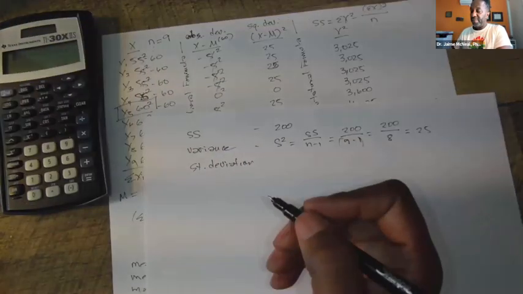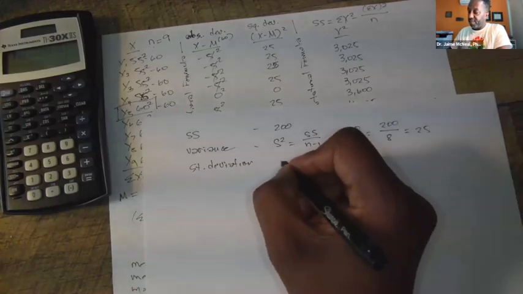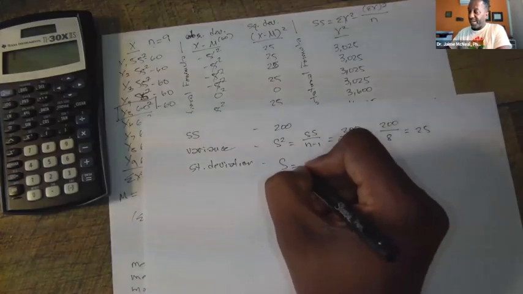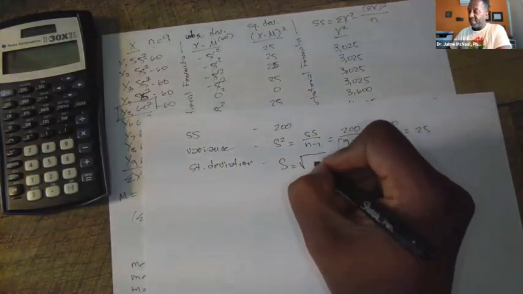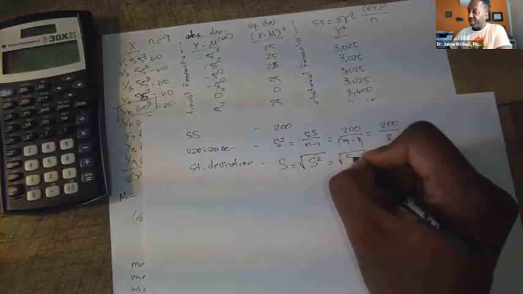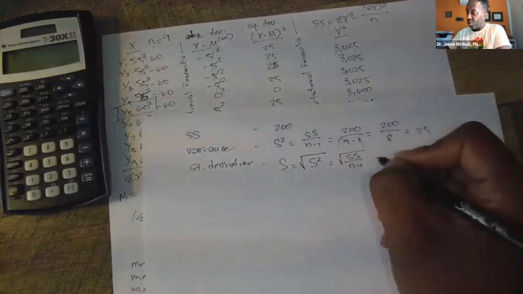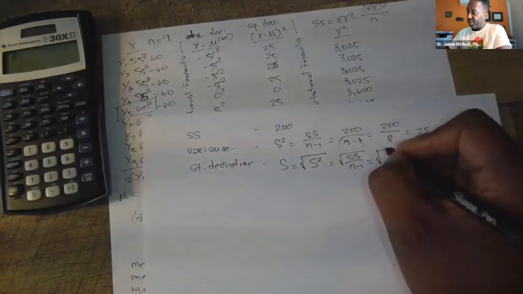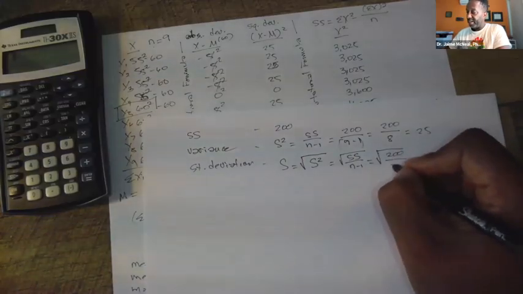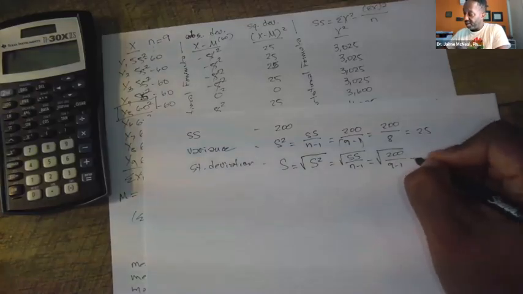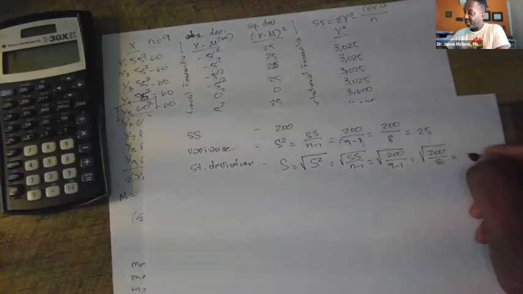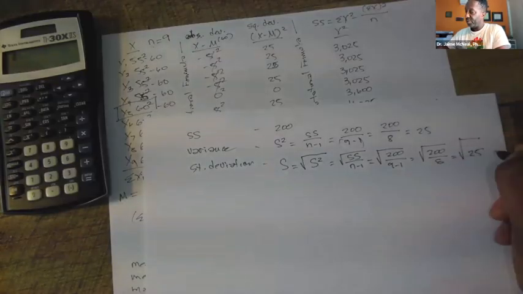Now we need the formula for standard deviation. The symbol for standard deviation for a sample is just S. The formula for that is the square root of the variance, or the square root of sum of squares divided by n minus 1, or the square root of 200 divided by 9 minus 1, or the square root of 200 divided by 8, or the square root of 25, which is 5.